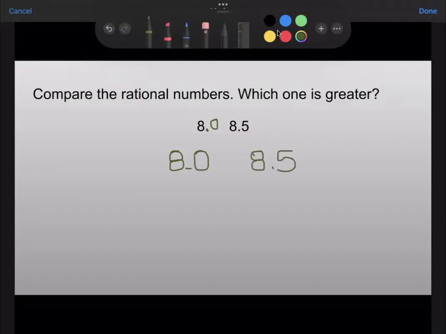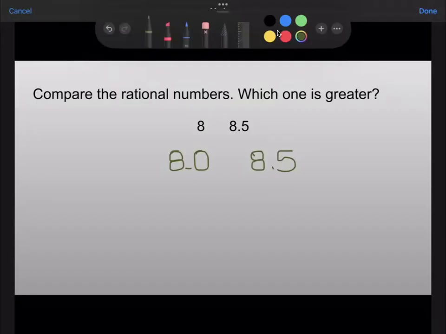8.5. So if you're comparing two decimals, it's easier if you have the same amount of decimals in both numbers. So since 8.5 had a number in the tenths place, I went ahead and added a number in the tenths place for the other number. But since nothing was there, I made it a 0.